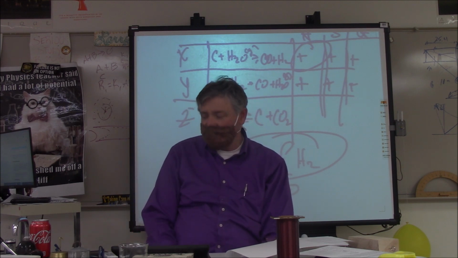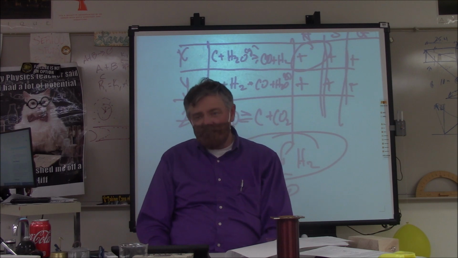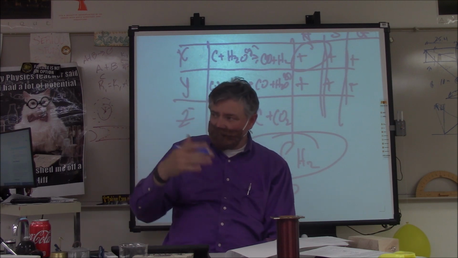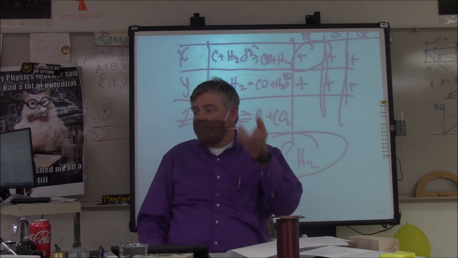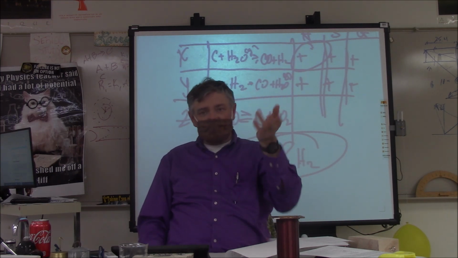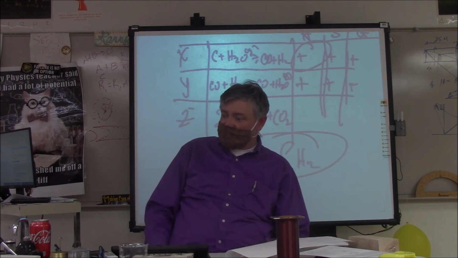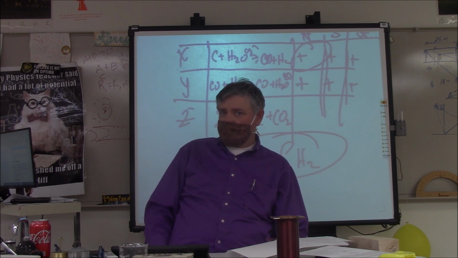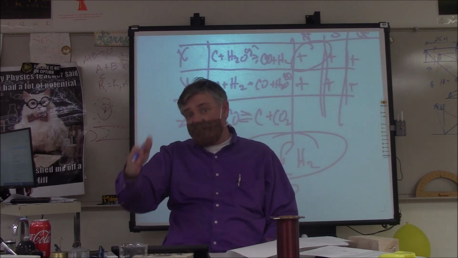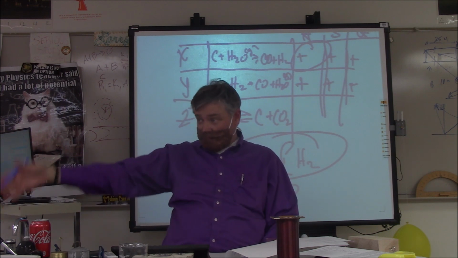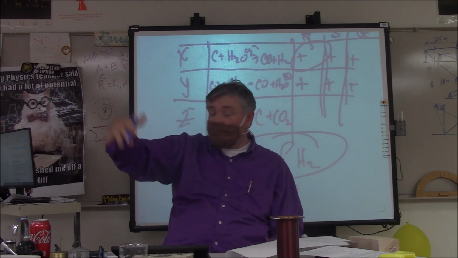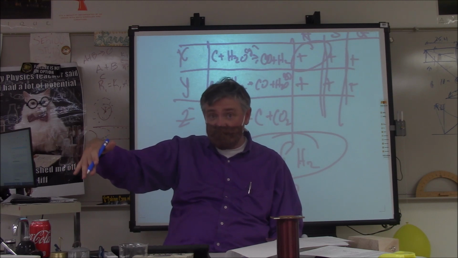No, it's not favored. So think back to K values, Ka, Ksp. Are those really big numbers or small numbers? Small. They're small numbers because they are not favored in the forward direction. That's what makes the K values really small.